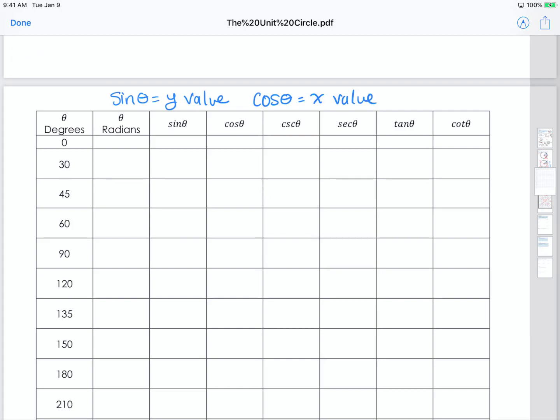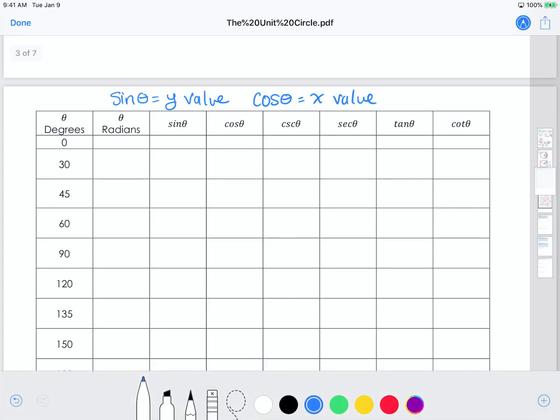So at 0 degrees, that would be 0 radians. And if you look at that circle on the next page, the sine at 0 degrees is my y value, which is 0. The cosine at 0 degrees would be 1.